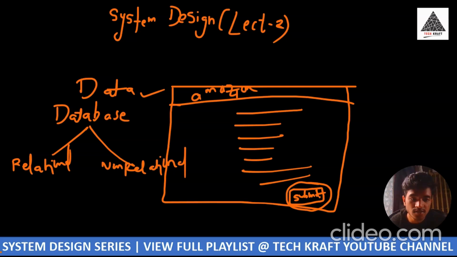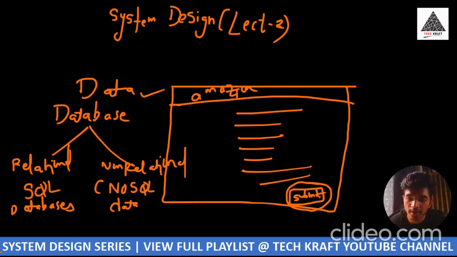These relational databases are also called SQL databases, and non-relational databases are also called NoSQL databases.